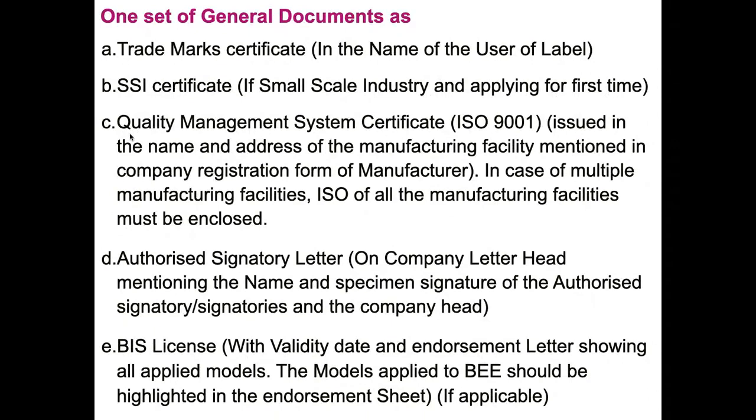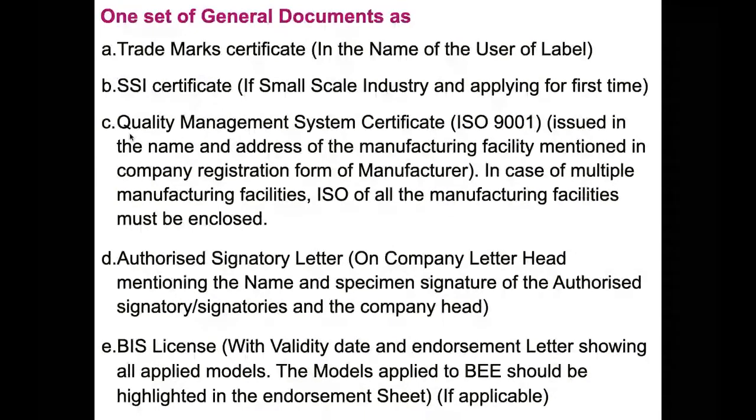Another is the quality management system certificate, that is ISO 9001, issued in the name and address of the manufacturing facility mentioned in the company registration from that manufacturer. In case of multiple manufacturing facilities, the ISO of all the manufacturing facilities must be enclosed with it.